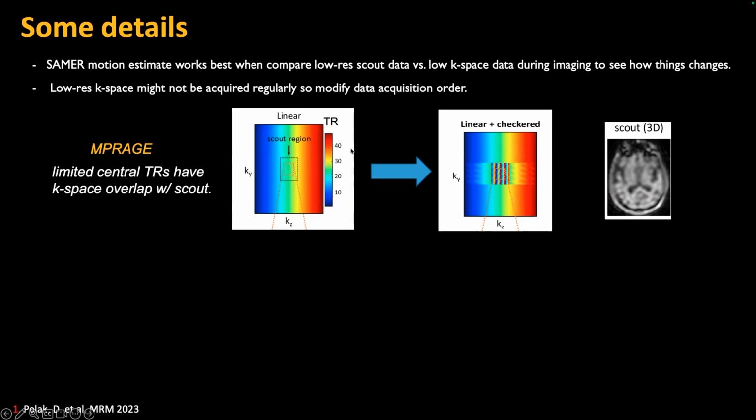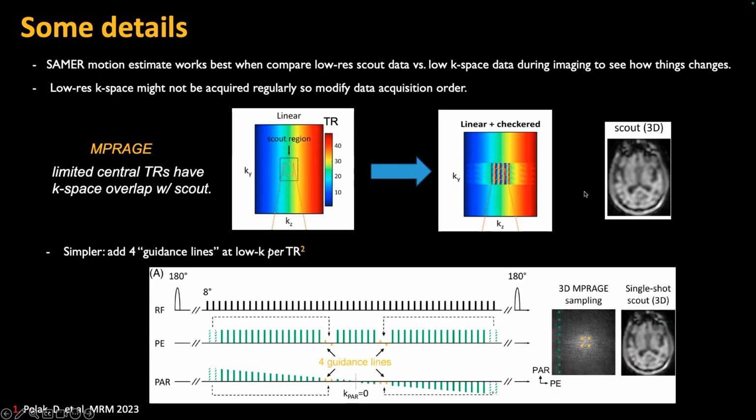What we can do is reorder things a little bit, acquire these lines, but jump in here for a few lines per TR volume so that we have data matching the scout to estimate motion. Also, we can go another way: we just throw 4 lines away and always acquire the center of k-space with those 4 lines, which we can use to compare to the scout per TR volume. And that works pretty well as well.